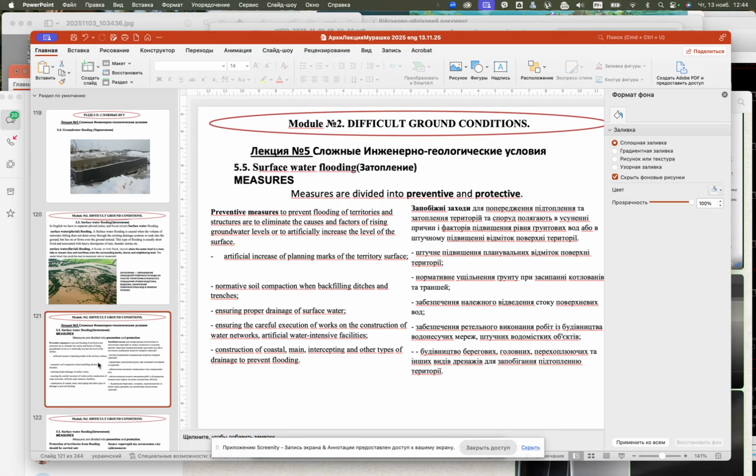And what preventive measures can we use? The best solution when you are erecting a building on surface water flooding hazardous territories is to make an artificial increase of planning marks.